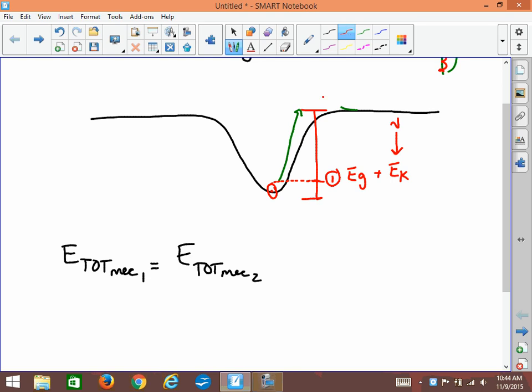Position 2 then would be once we escape the well up here and we've reached a level where we will no longer fall back in. But the minimum amount of kinetic energy that we need to do that would be just the right amount to get us right to the top of the hill without moving after that.